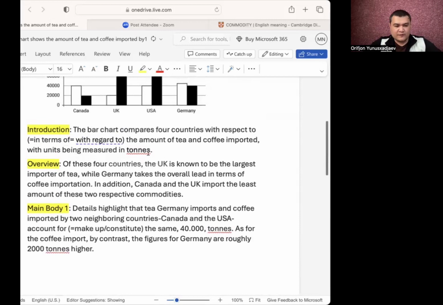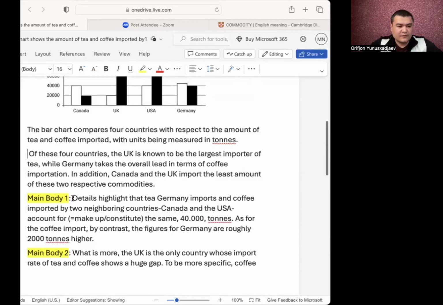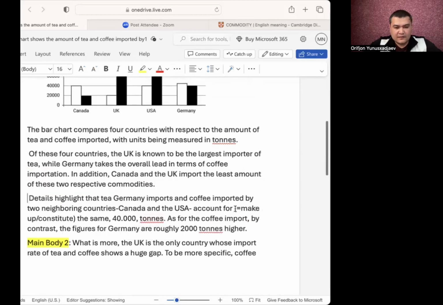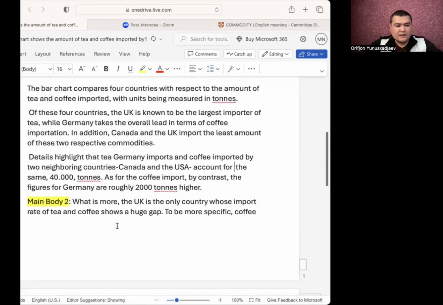Now I will remove these additional words from my essay because I'd like to know about how many words we wrote together. All right. Introduction is fine. I'll remove this one and this one here. All right. And here I added makeup and constitute. I don't need them now. All right.